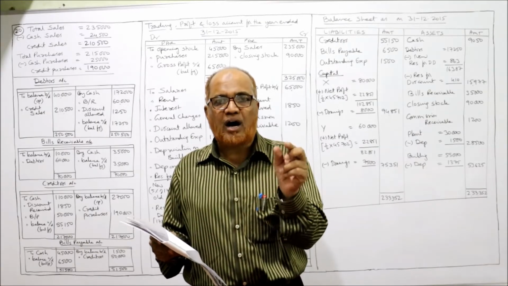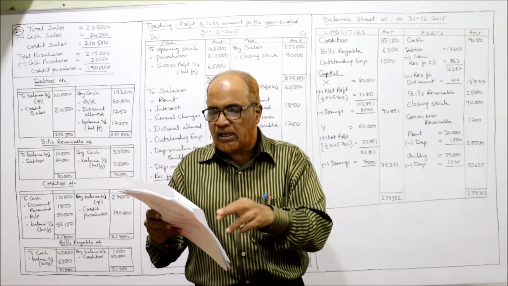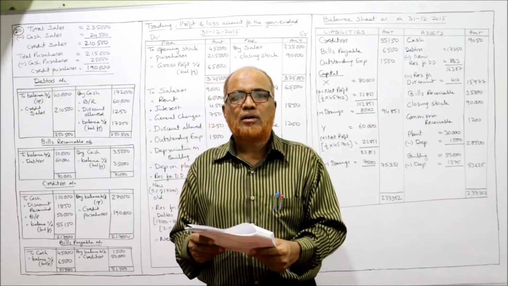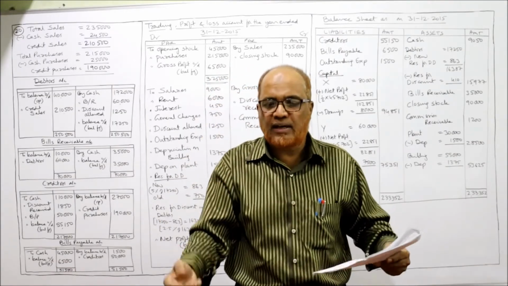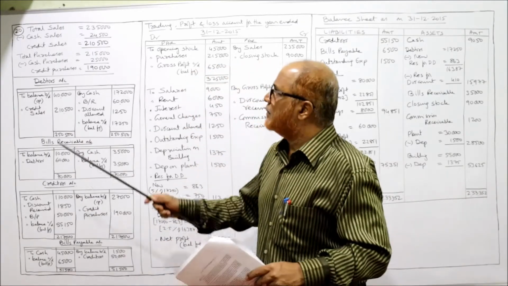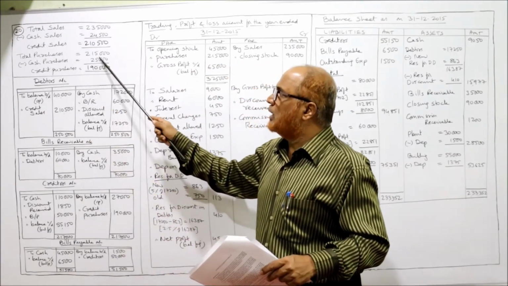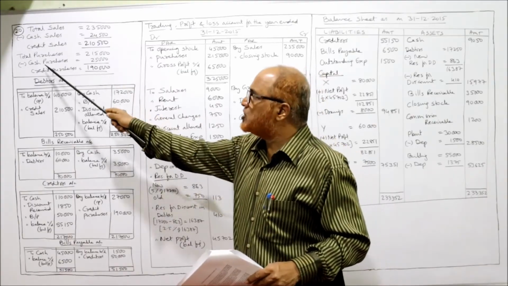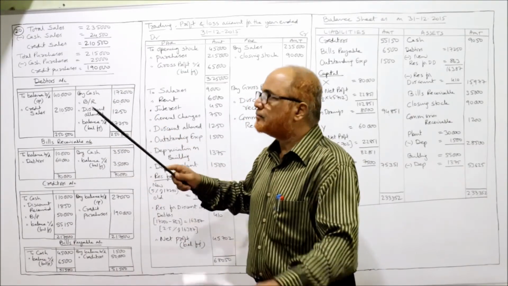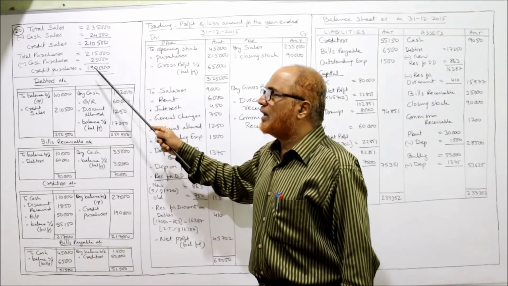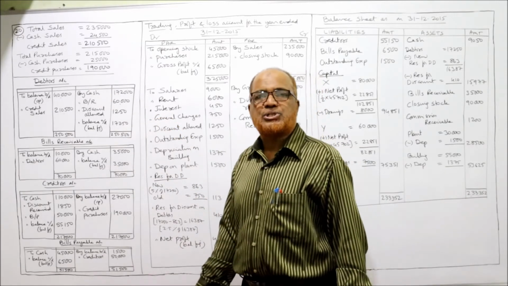The total purchase is 2,15,000, so from 2,15,000 if we deduct 25,000 we'll get credit purchase. Out of total purchases of 2,15,000, cash purchases are 25,000 given on the payment side. So deduct 25,000, 1,90,000 are the credit purchases.